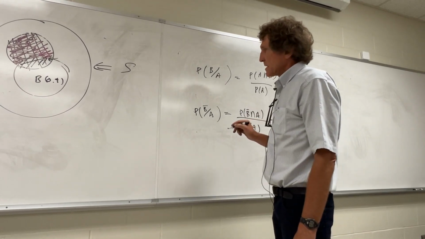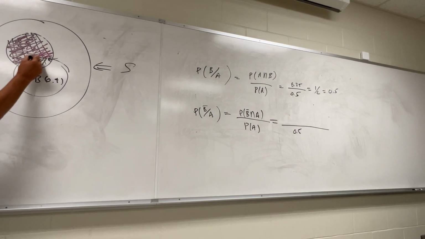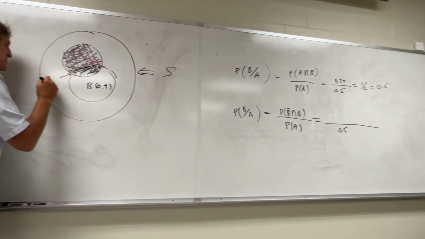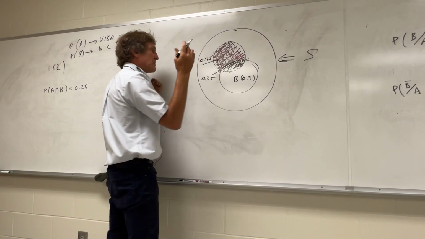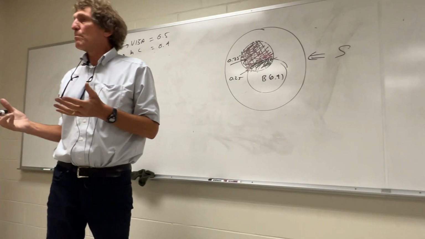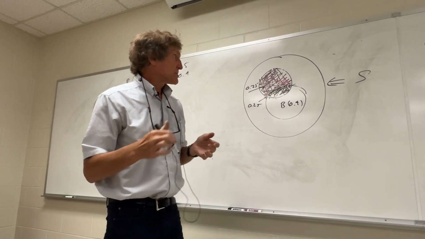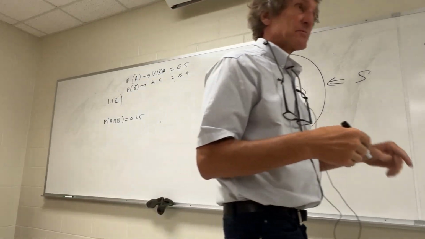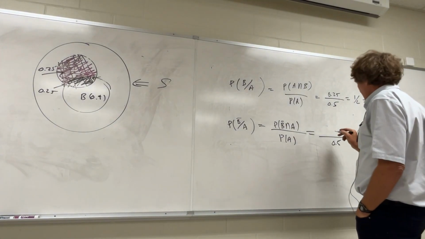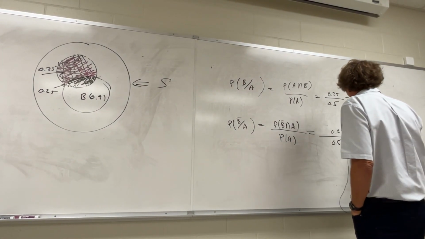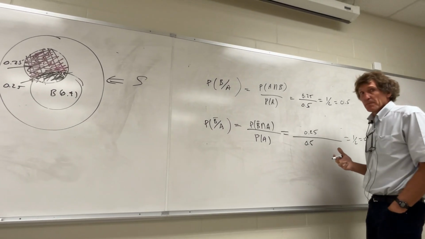And then for the probability of this area, here's the way I'm doing this. If all the stuff that I'm showing you here is equal to 0.25, it means this has to be 0.25 as well because there's exactly 0.5 total. So I'm just going to say this on top is 0.25. That's correct. So this is going to be 1/2 as well, or 0.5, correct, class?